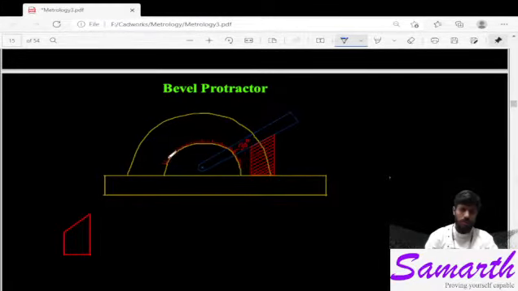Then the circular scale on this protractor will give the measurement in degrees. That will be the inclination or angle made by this inclined surface with the horizontal. Here in this example it is making 30 degrees. Let's consider it.